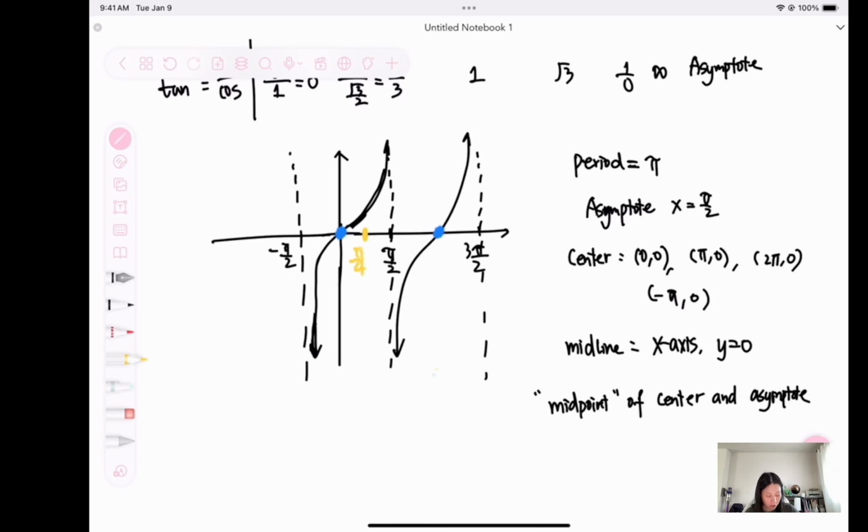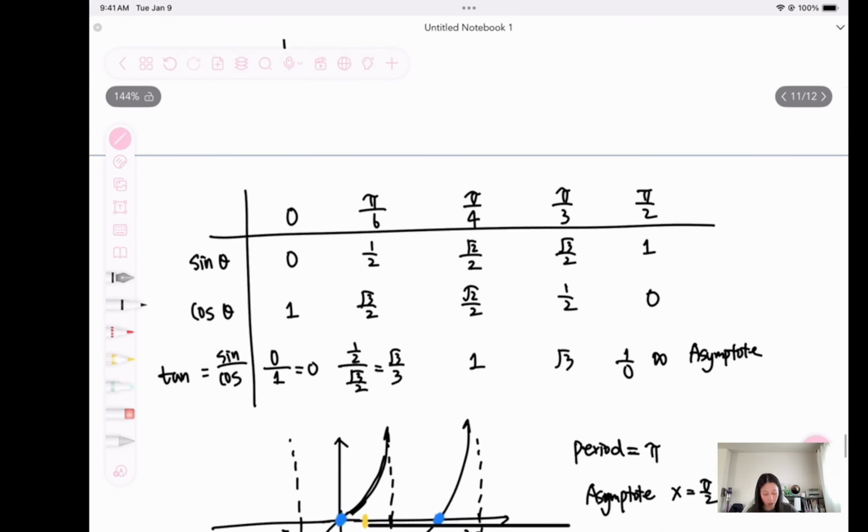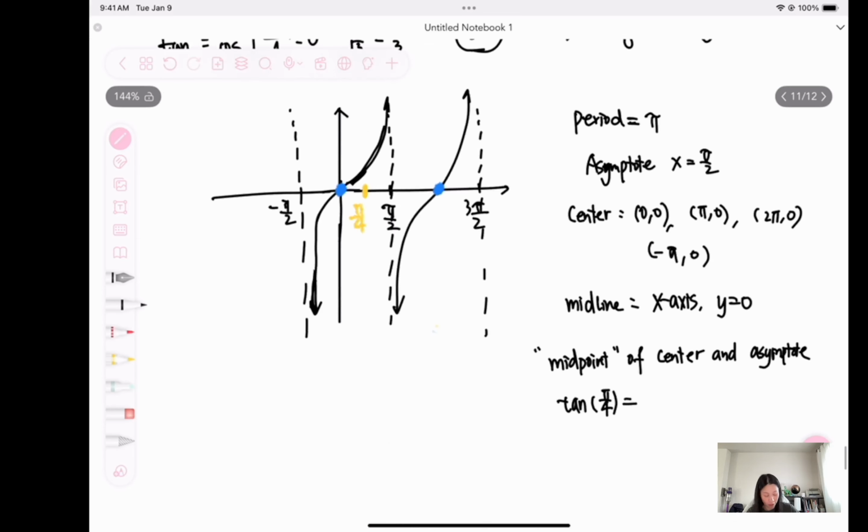So let's think about it. When theta is equal to pi over 4, tangent of pi over 4 is equal to what? Well, tangent of pi over 4 is equal to 1.